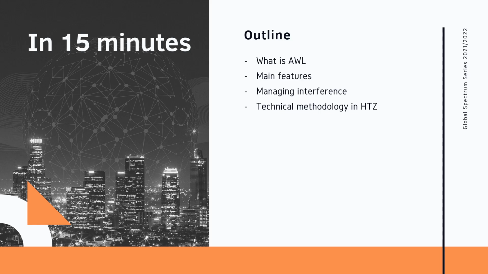For this exercise, I will be taking the FSS Earth Station transmitter as a use case for the AWL license, where the technology needs to coexist with other band users such as millimetric wave 5G.